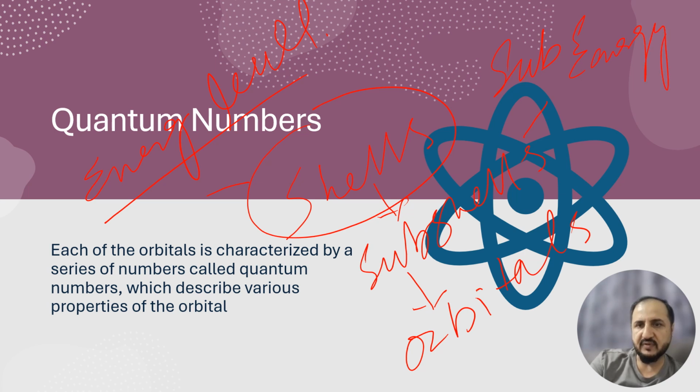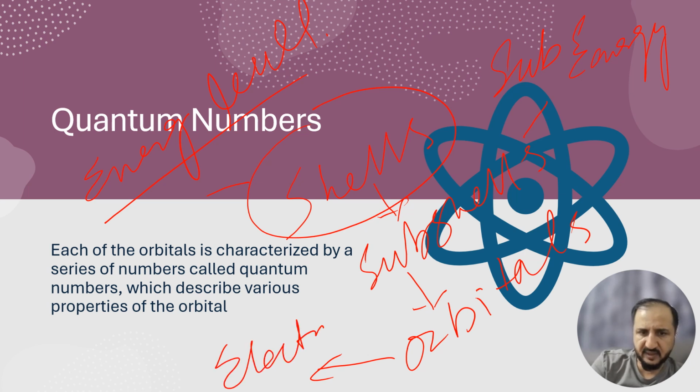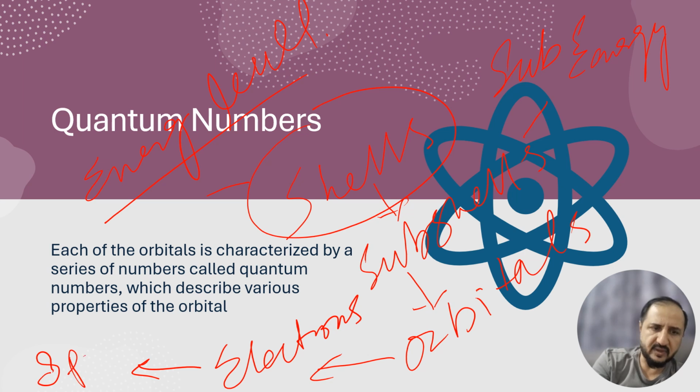What we see in the orbitals is that we find electrons, and the electrons have spin. So we are going to discuss these things, but in technical language.